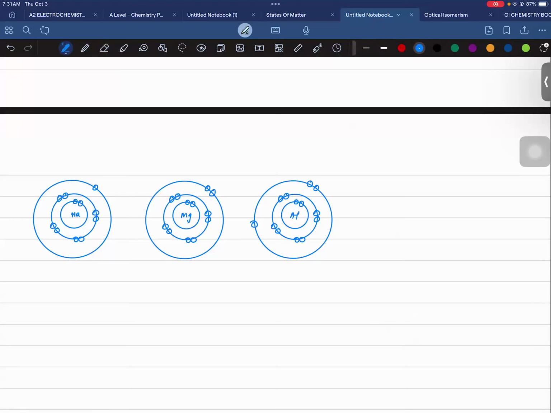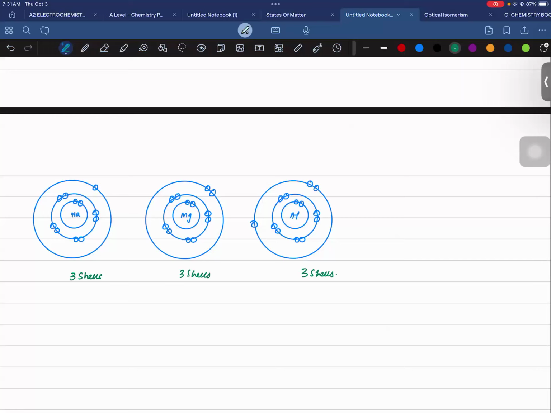As you know, the total number of shells is the same. 3 shells. Most students think that when the number of shells is the same, the size should be the same. But this is not so.